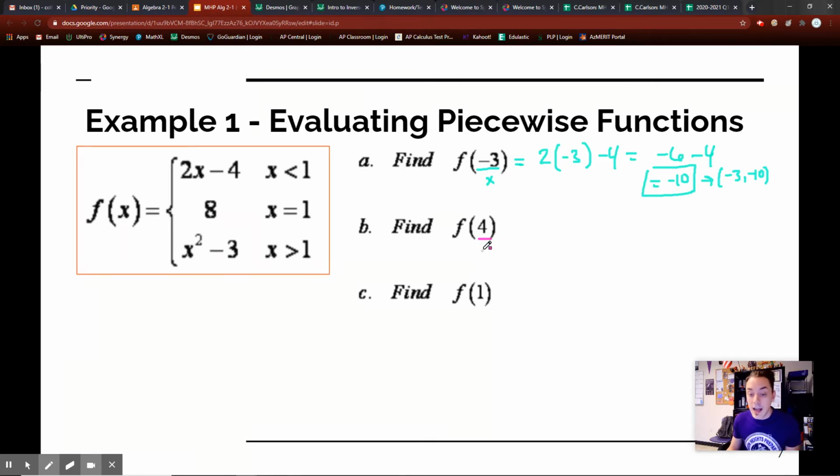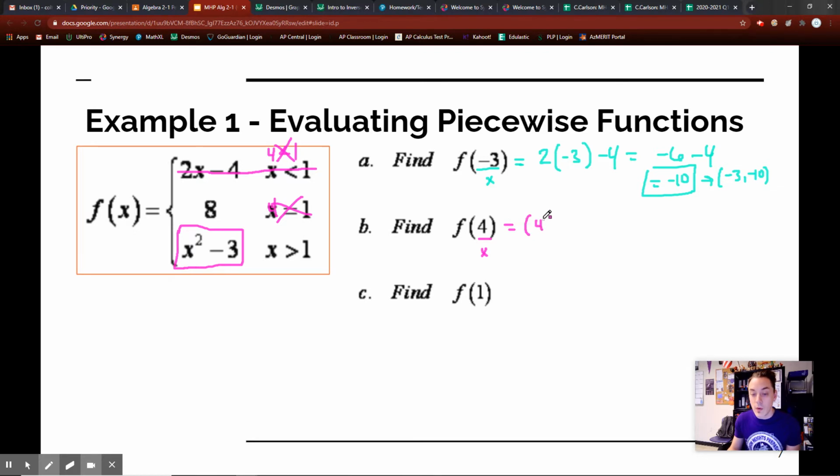Again, this is my x. Now 4, is it less than 1? No, it's not less than 1, so I can't use that one. Is it equal to 1? No. Is it greater than 1? Yes, it is, of course. So that means I'm going to plug it in here.